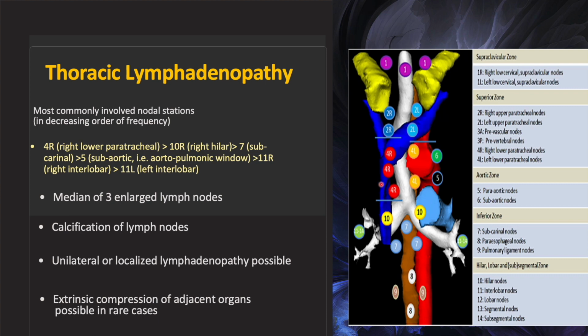Also, you may have a unilateral or localized lymphadenopathy. You may not always have bilateral lymphadenopathy, and sometimes you may also have effects because of these enlarged lymph nodes on the adjacent organs. You may have compression symptoms, stenosis. So that is also a common occurrence.